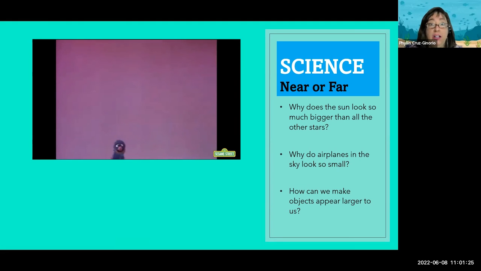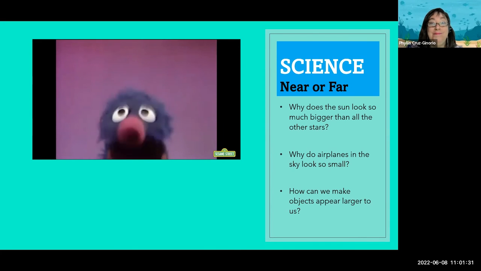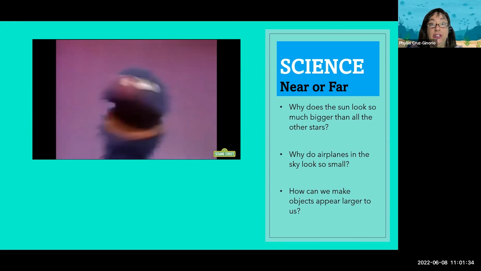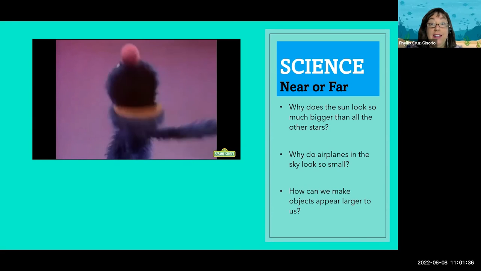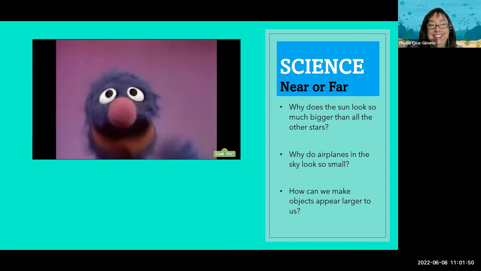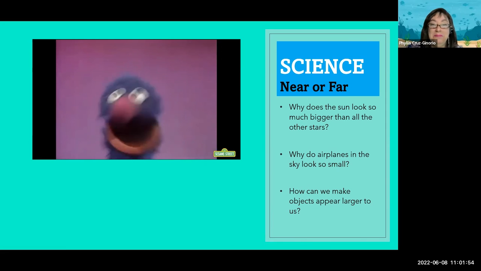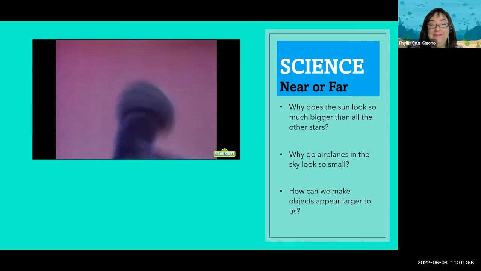Objects look smaller when they're farther away, but larger when they're near to us. Poor Grover. This is far. This is near. Now you must understand. You don't understand.